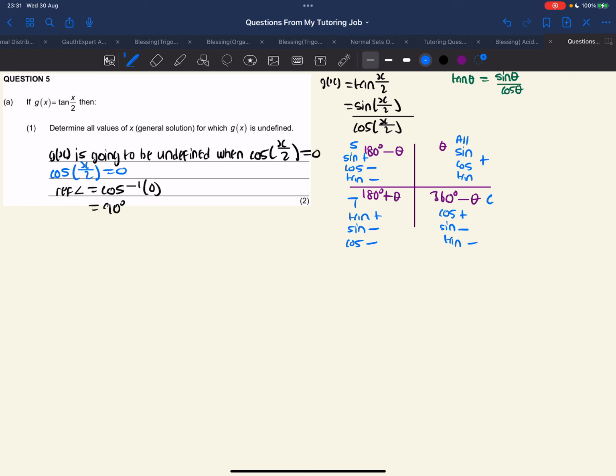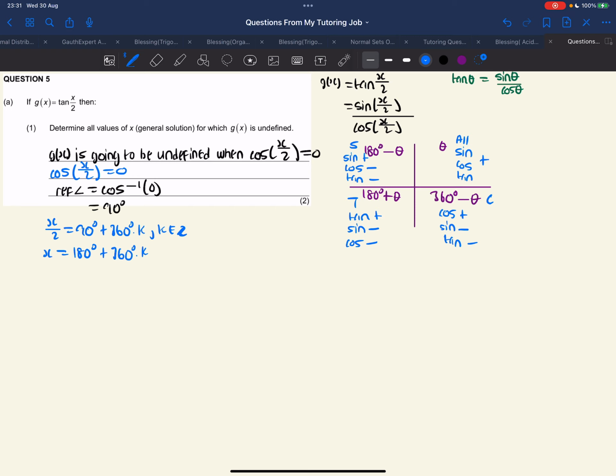So now we're going to say that x over 2 is equal to 90 plus 360 times k, where k is an element of the integers. Then we can multiply both sides by 2 to have x equals 180 plus 360 times k.